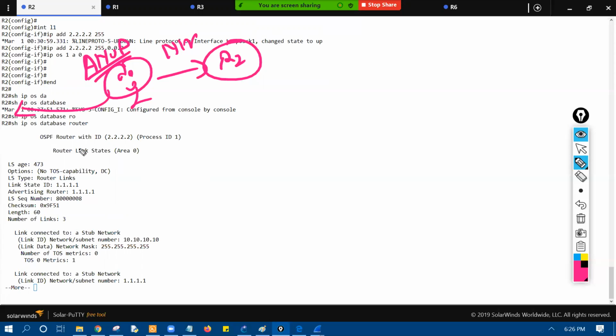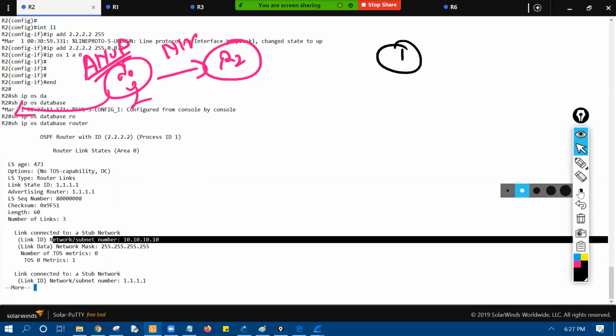So by looking at the database table, he's saying the link state ID is 101, that's the router ID of R1. There's one router, R1. How many links are connected to it? 3 links. The first link is connected to a stub network. Stub means loopback network, that is 10.10.10.10. Let me create one loopback network.